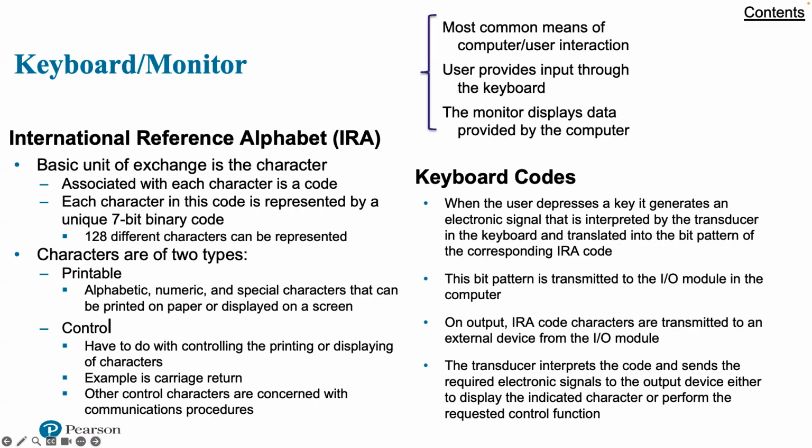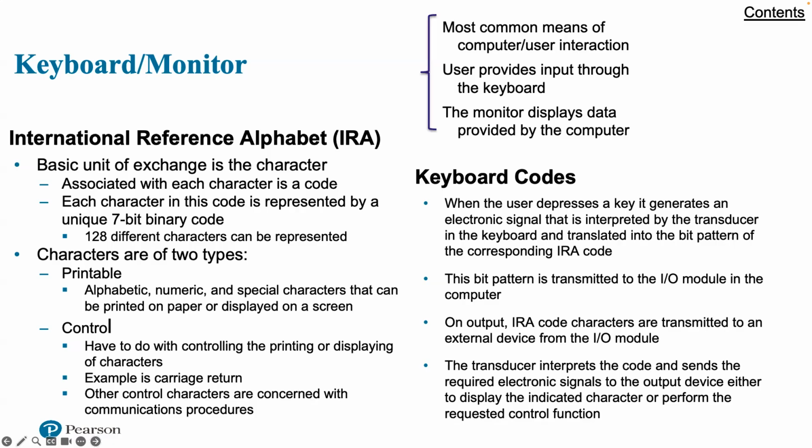For keyboard input, when the user depresses a key, this generates an electronic signal that is interpreted by the transducer in the keyboard and translated into the bit pattern of the corresponding IRA code. The bit pattern is then transmitted to the I/O module and the computer. At the computer, the text can be stored in the same IRA code.